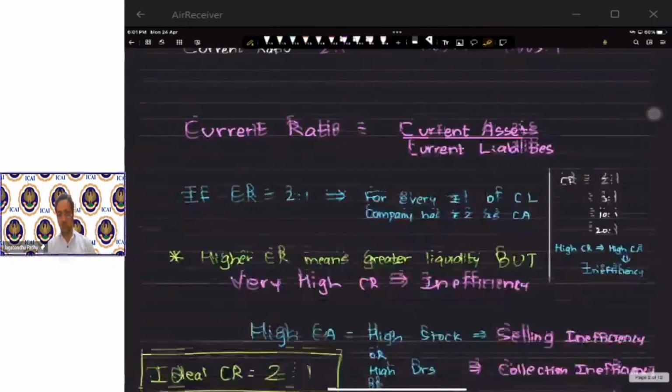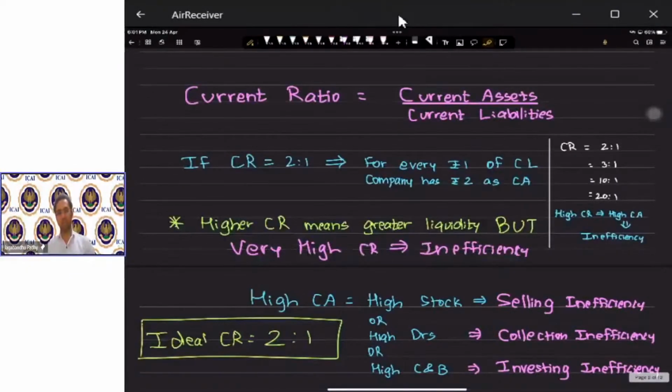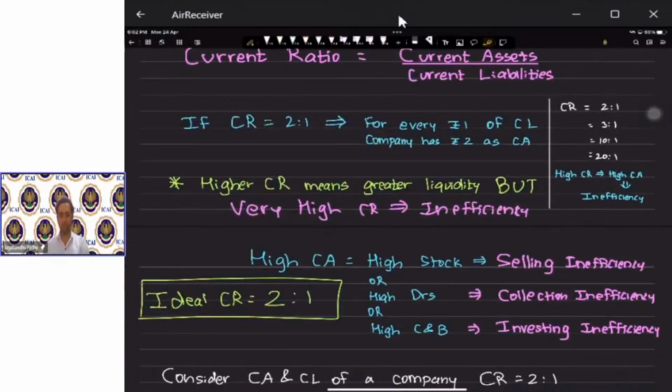We've seen current ratio as a ratio between current assets to current liabilities. Okay. And of course, we said that a higher current ratio indicates greater liquidity. But if your current ratio is really very high, then it is actually indicating some sort of inefficiency. Because if you have high current ratio, you may be having higher stock or higher debtors or higher cash and bank balance.